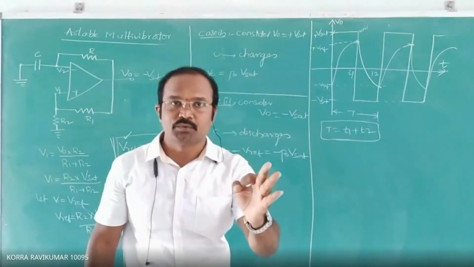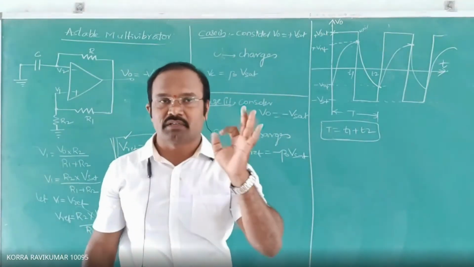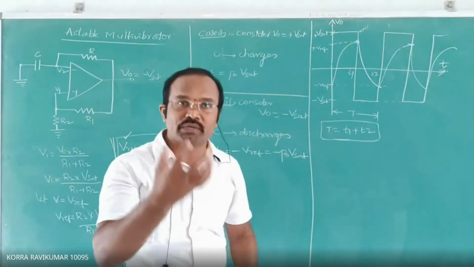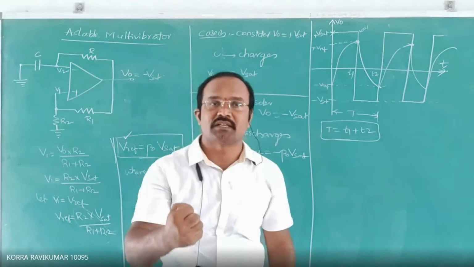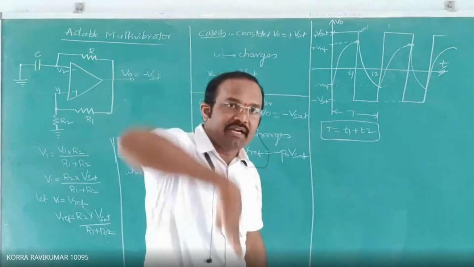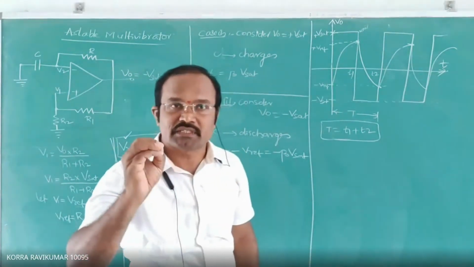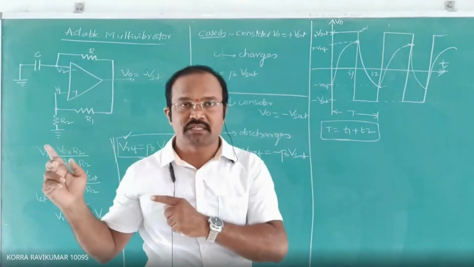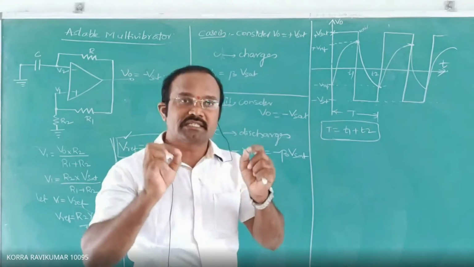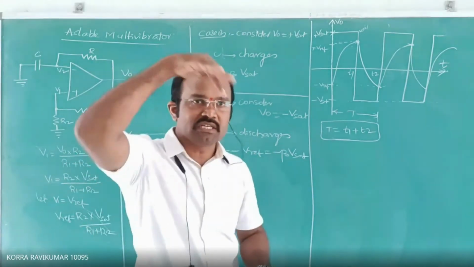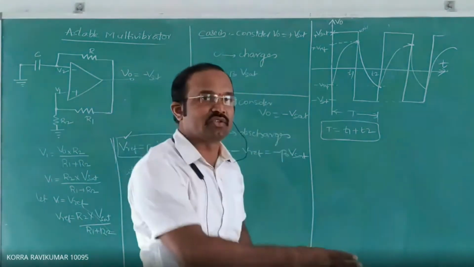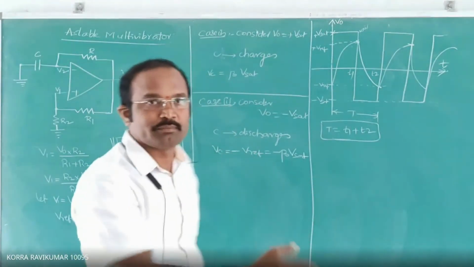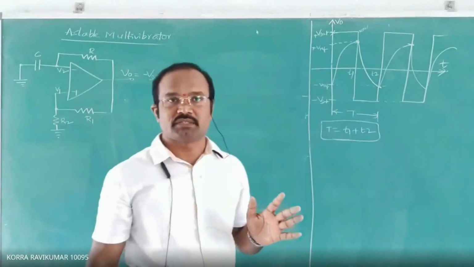Now we have to derive the equation or relation for total time period, means total time taken by the capacitor to charge and discharge, means to perform its switching function. The total time period taken by the capacitor to perform its switching action, means charging and discharging. So that time period we have to calculate. First, please copy this. Across the capacitor.